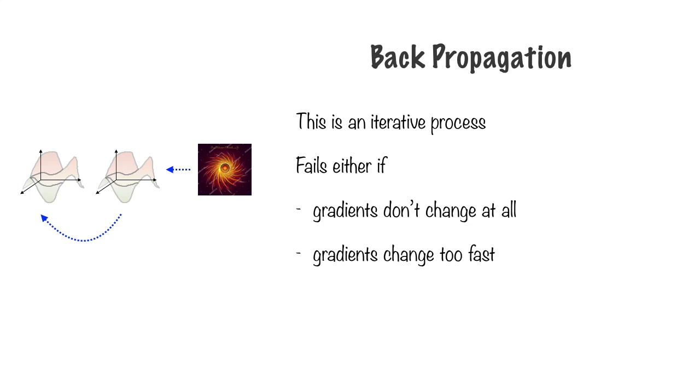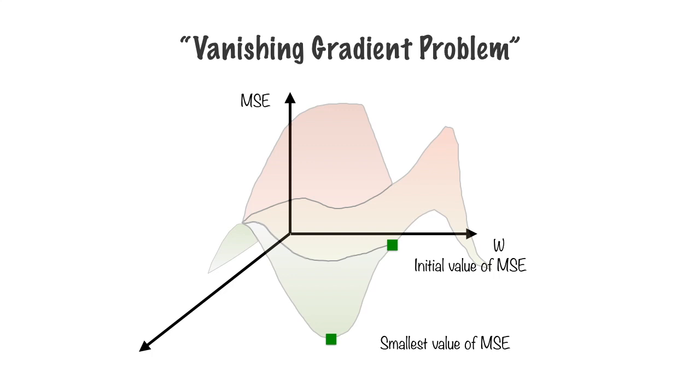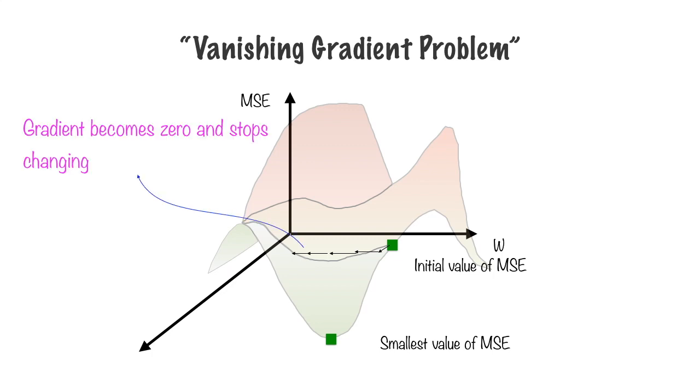If your gradients don't change at all while you're training your neural network, what you have is the vanishing gradient problem. Let's say you start off at some initial value of your loss function. For simplicity's sake, we'll assume that it's the mean square error here. Now, if your gradient doesn't move down the slope and instead kind of stays around at the same position in a straight line, the gradient has essentially become zero and it has stopped changing.